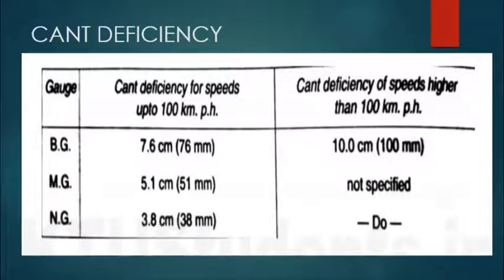For meter gauge, it's 5.1 cm if the speed of the train is under 100 km per hour, and if the speed is greater than 100 km per hour, the cant deficiency is not specified. For the narrow gauge, it's 3.8 cm or 38 mm if the train moves under a speed of 100 km per hour, and it's not specified in the case of high speed trains.